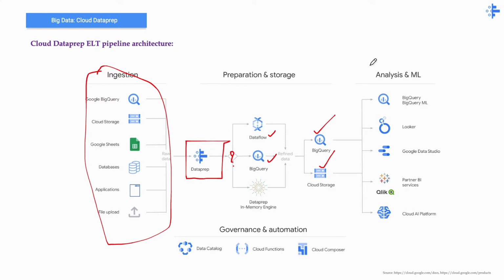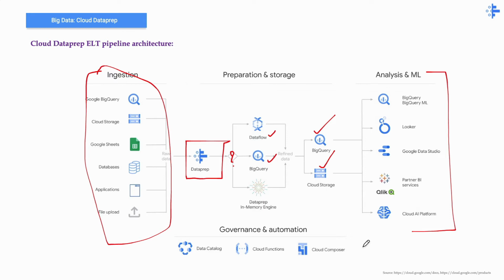And again, the analysis and ML, this is the standard part of operating on that data. Also, as part of any pipeline architecture, you have governance and automation capability, which is out of the box.